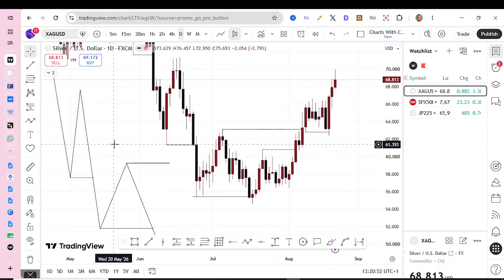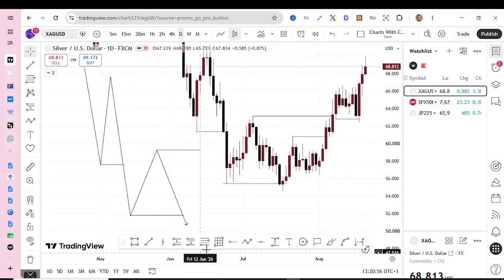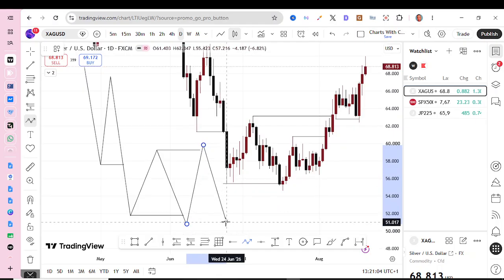Now, what does this tell you? Looking at this, let's come back to this now, right? So price took this out. Normally, price is supposed to continue selling. Like I told you, the market is very dynamic. Either price could continue selling or continue buying.